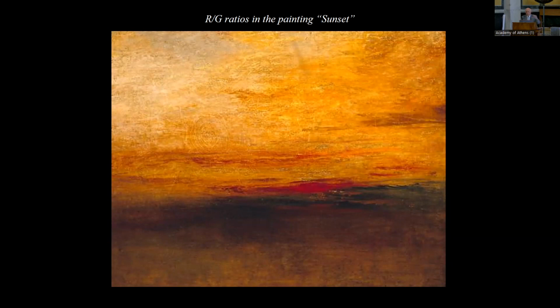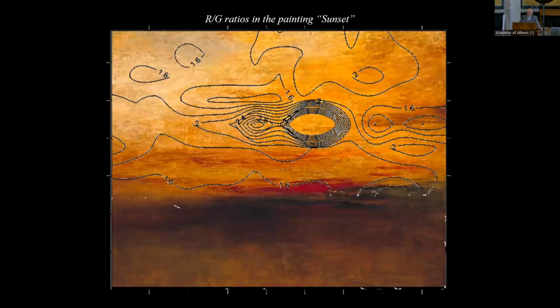If you translate the red to green ratios into atmospheric optical depth, then you get that picture, which actually is what was the cause for the colors you see, and how the great master has recognized in his brain the different colors to be mixed and produce the painting.